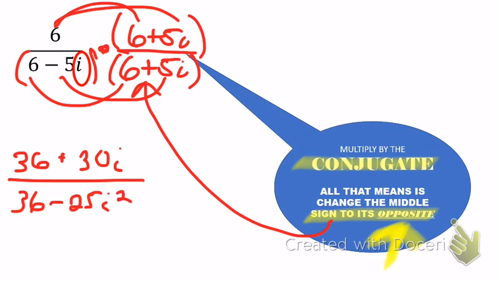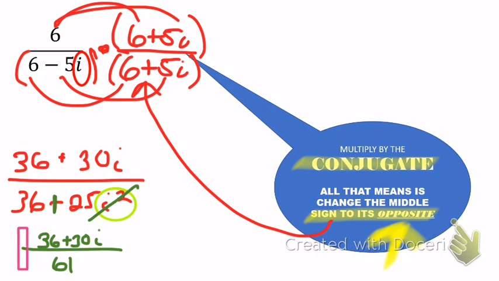Remember, whatever this is attached to is going to change its sign. So this is going to change this into a positive. So we're left with 36 plus 30i all over 36 plus 25, 61. There is our final answer.